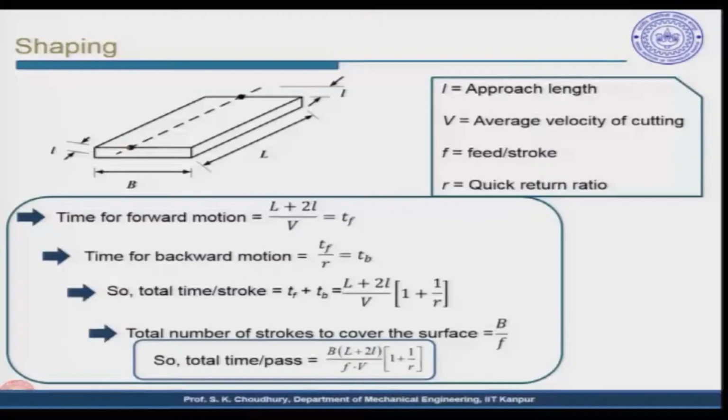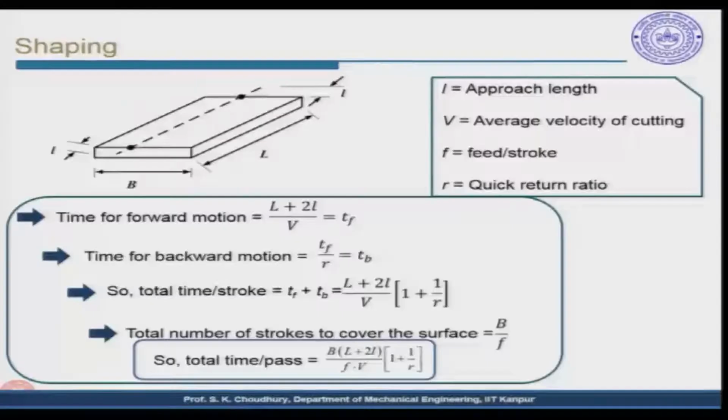So, this is called the approach length. This is small l from here to here. The tool is located here, it is approaching to this point, this is called the approach length. This length is the same in here, and this length is the length through which the tool is removing material.